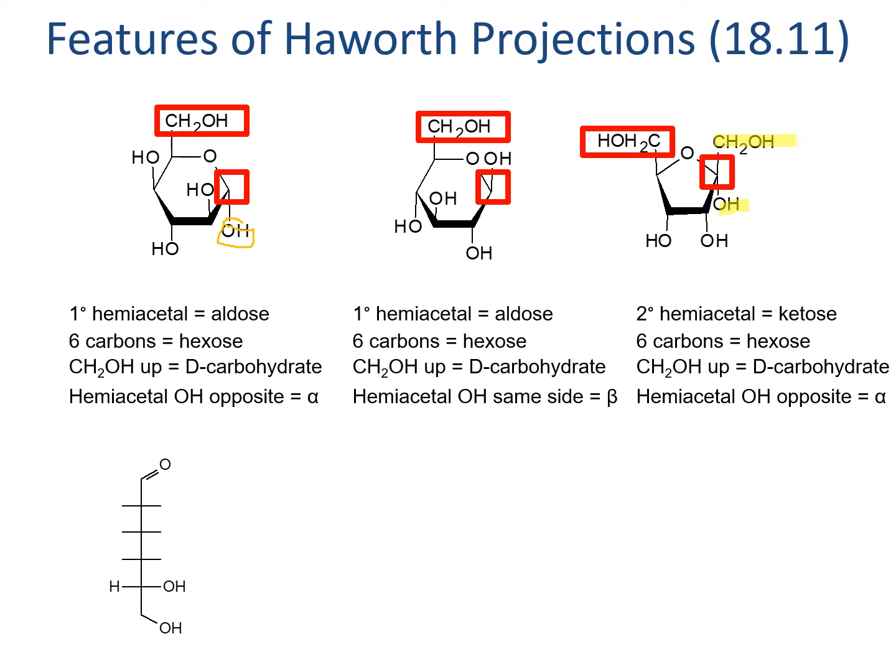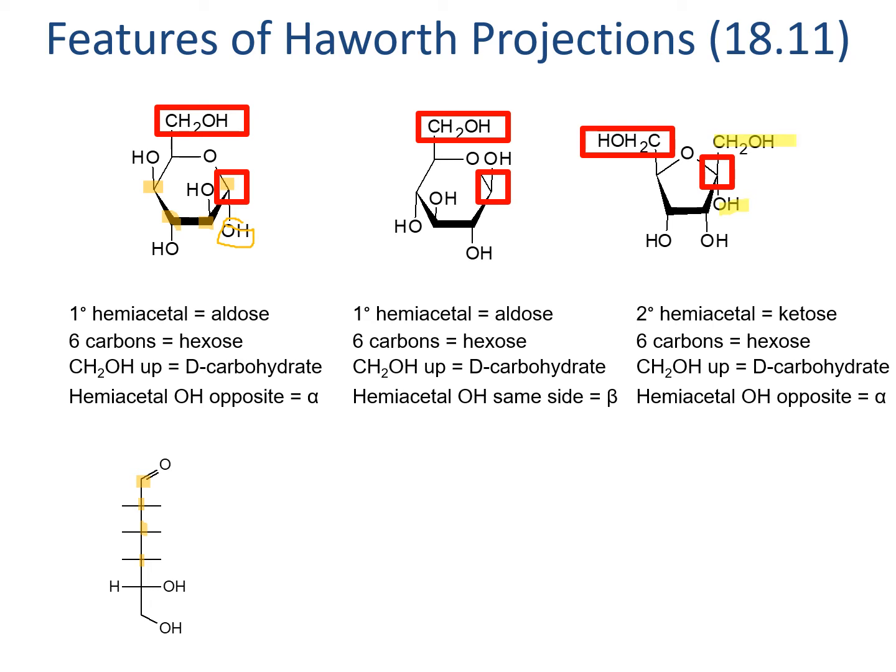The remaining pieces are filled in based on the 3 carbons between the hemiacetal and the carbon with the CH2OH on it. So we're looking at this carbon, and this carbon. Notice that since this is the hemiacetal and matches up with this, we're looking at these 3 carbons as well, the ones that aren't marked.